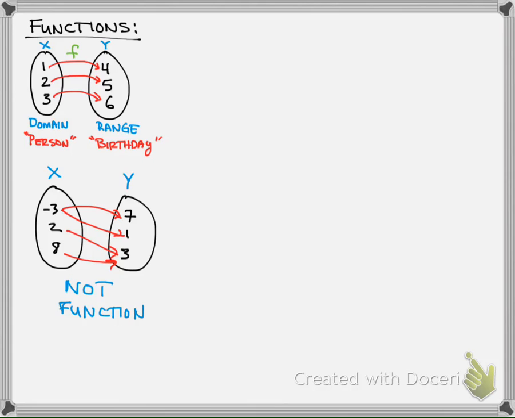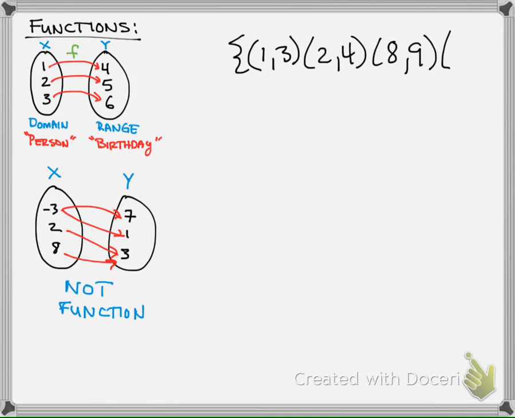Alright, so let's look at a couple of other examples. Let's look at the relation as a set of points. So we'll have (1, 3), (2, 4), (8, 9), and (7, 4). Looking at the relation as a set of points now, what we see is that each of the x values are different.